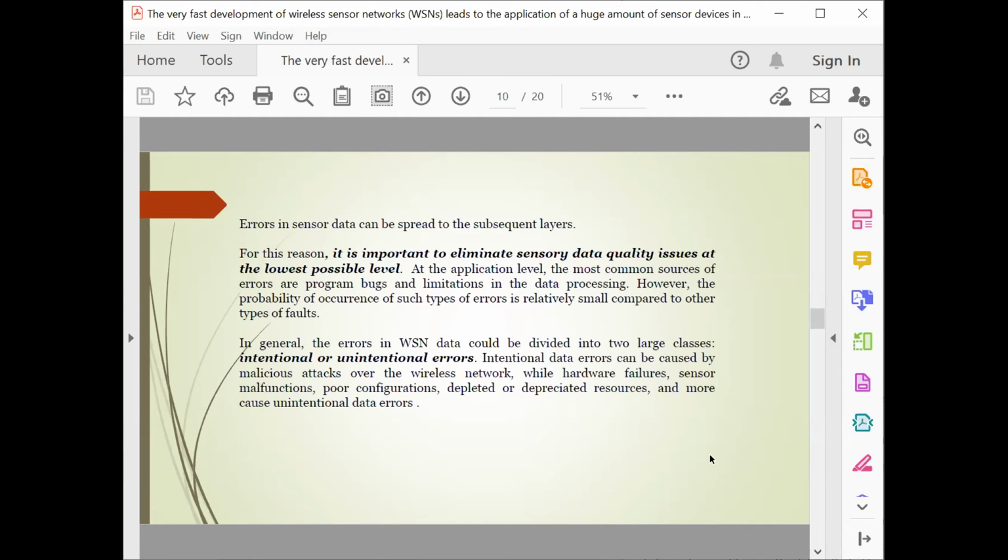In general, the errors in the sensor network data could be divided into two large classes: intentional or unintentional. Intentional data errors can be caused by malicious attacks over wireless networks, while hardware failures, sensor malfunctions and some others are more causes of unintentional data errors.